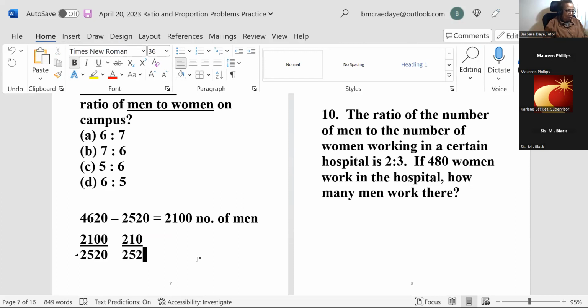Your first hunch would be what? 2. Let's try the bigger one. You're not cross multiplying. All I'm doing, Maureen, is taking these zeros out to make my number smaller. So you got 210 over 252. Now think of factors here.